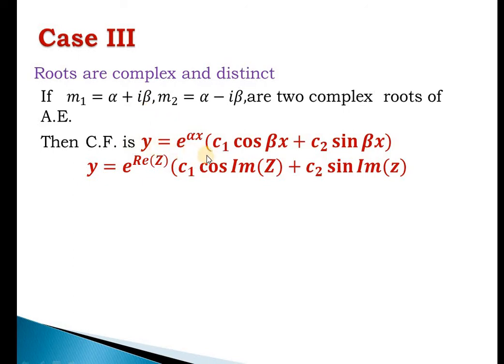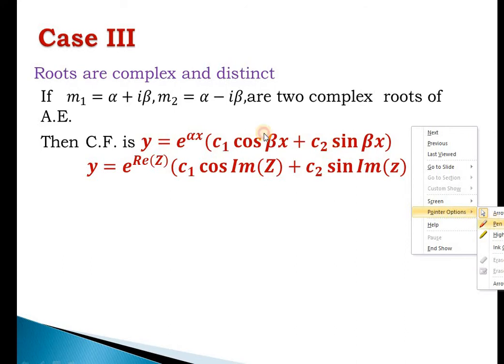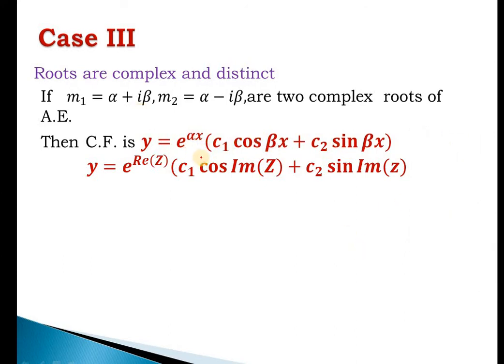So CF is y is equal to e raised to alpha x, e raised to the real part times x, into bracket C1 cos of beta x plus C2 sin of beta x. So this alpha is the real part of that complex number, and this beta corresponds to the imaginary part of that complex number.